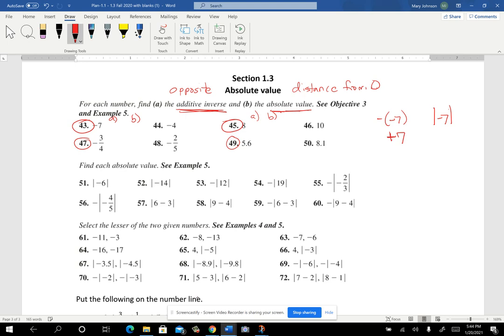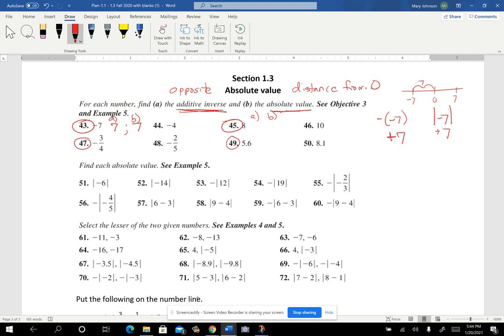The absolute value of a number is how far away from 0 it is. So -7 is over here, and it's 7 units away from 0. And then the opposite of -7 would be 7. What would be the number on the opposite side of 0? So with this one, both the additive inverse and the absolute value just turned out to be 7.